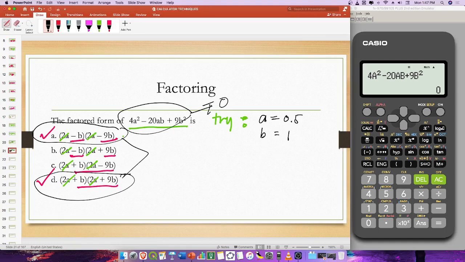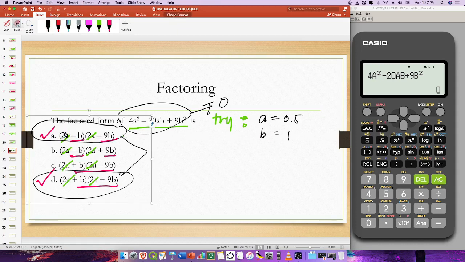Now we will try it in the two equations. So this time I will not remove A and B. Erase this part so it will be clear.